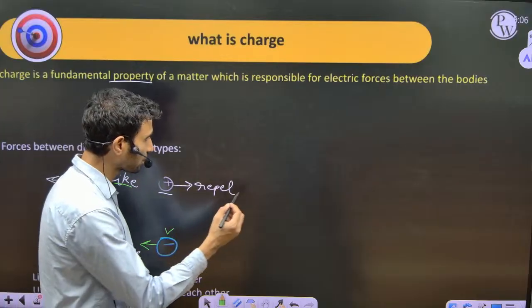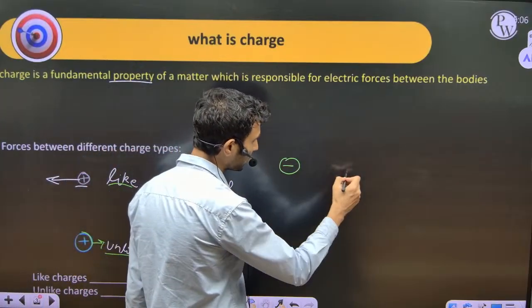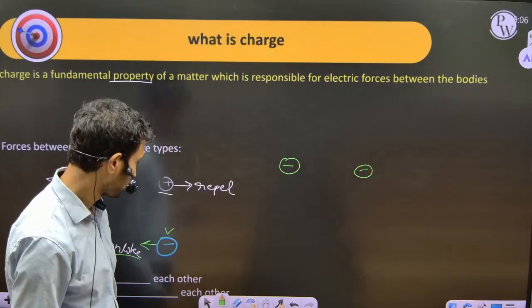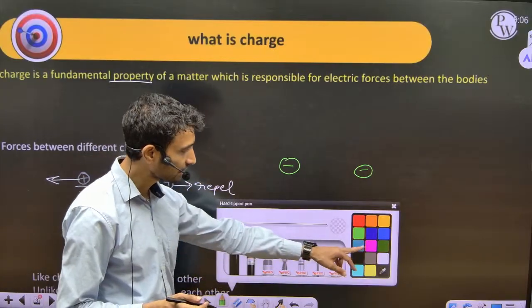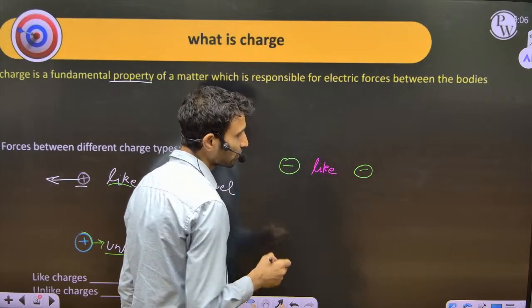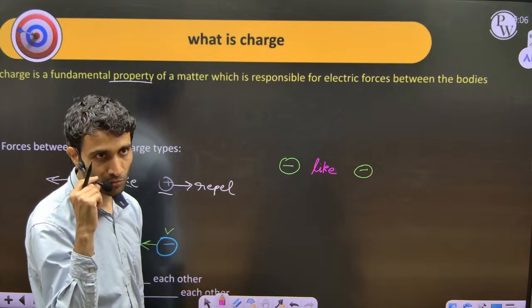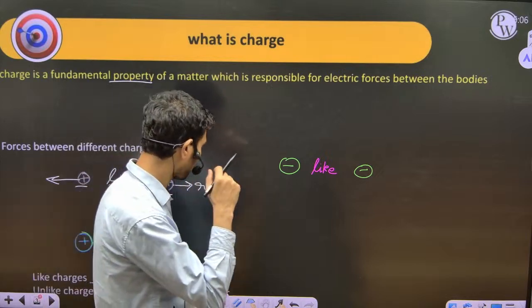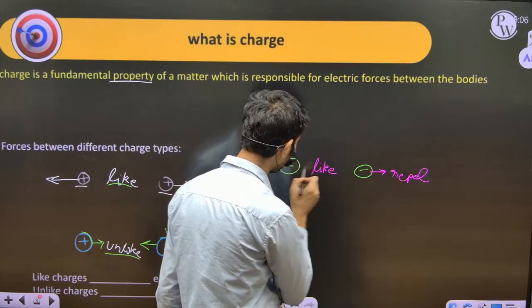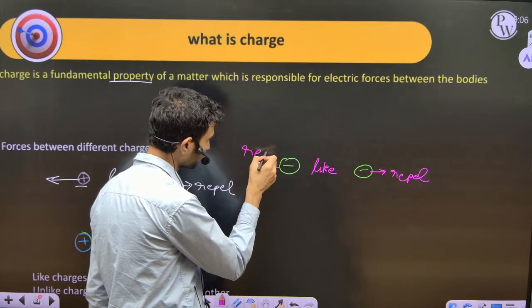Now, can you tell me what will be the behavior of these two negative charges if they are kept together? As you can see, these are also like charges, so it is but natural for them to repel each other. I hope it makes sense.